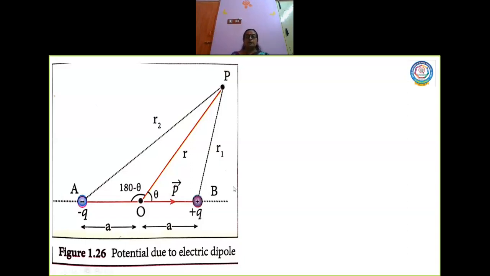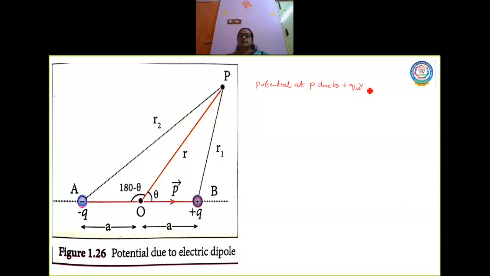Let R1 be the distance of point P from plus Q of the dipole, and R2 be the distance of point P from minus Q. I am going to find the potential at point P due to plus Q and the potential at point P due to minus Q. To start with, the potential at P due to plus Q is V1.